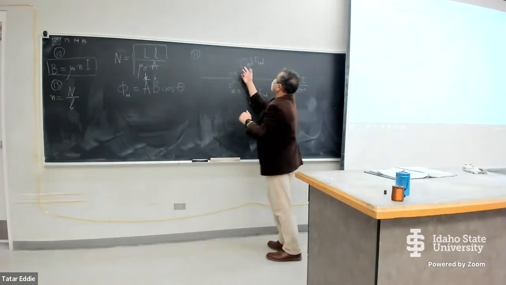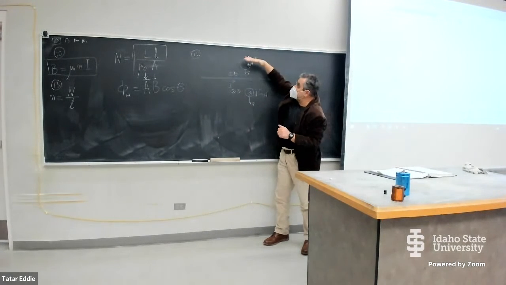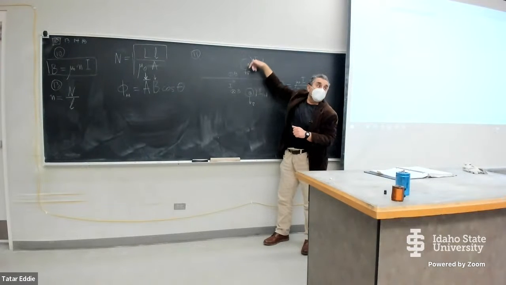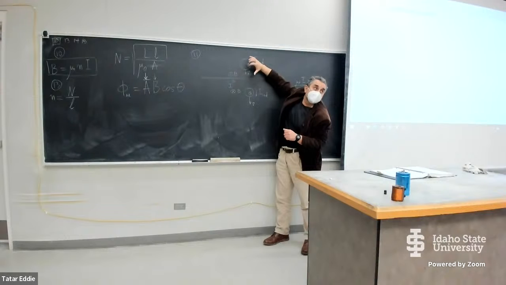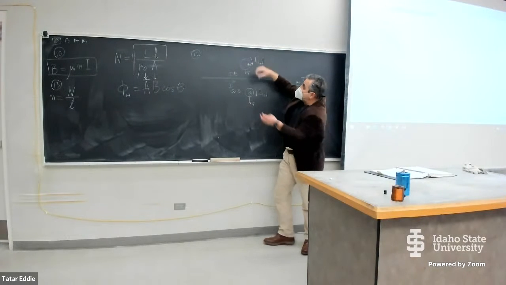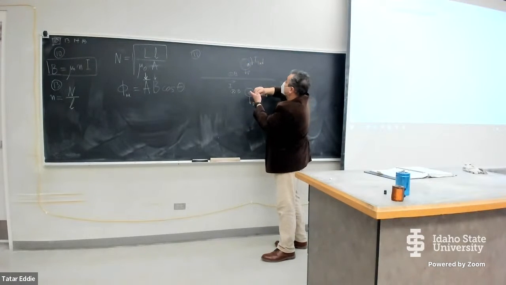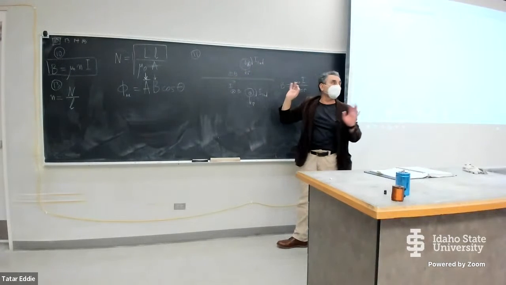So the flux that goes through the area of this ring is out of the board and increasing because you're getting closer to the source. So you want to prevent this increase by generating opposite direction magnetic field. So this magnetic field has to be into the board, and this is induced magnetic field, right? It is due to this induced current, not to any other current.